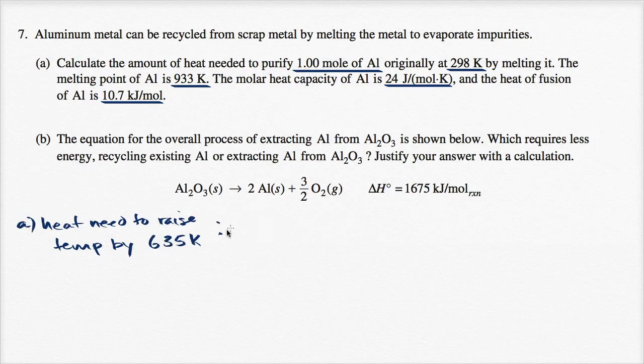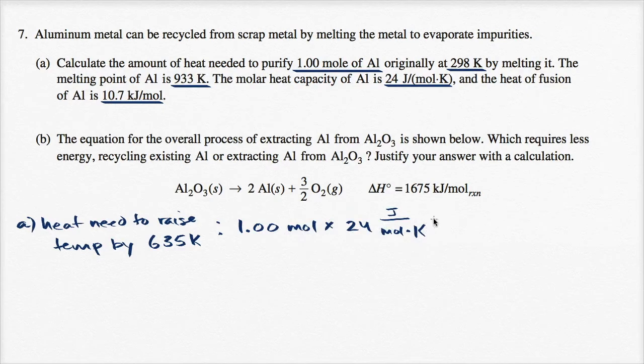So the heat needed to raise temperature by 635 Kelvin. Well, we have 1 mole of aluminum. I can write 1.00 to show that we have 3 significant digits there. 1 mole of aluminum times the molar heat capacity, so 24 joules per mole Kelvin. This right over here would be the amount of heat to raise it by 1 Kelvin.